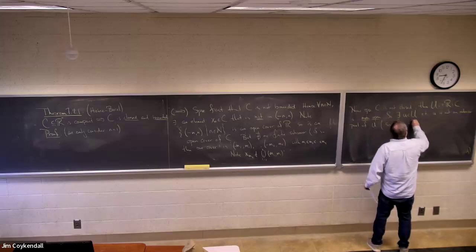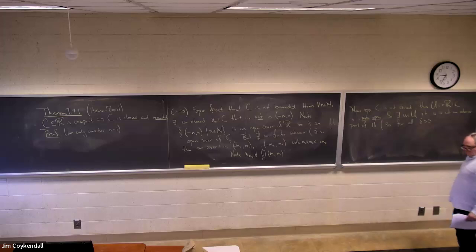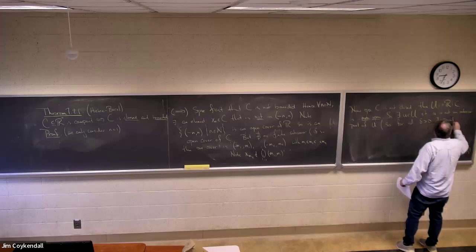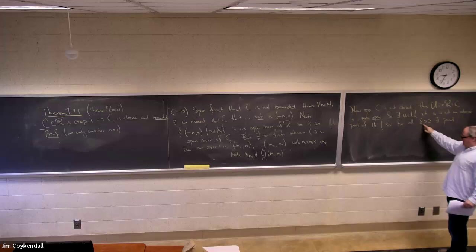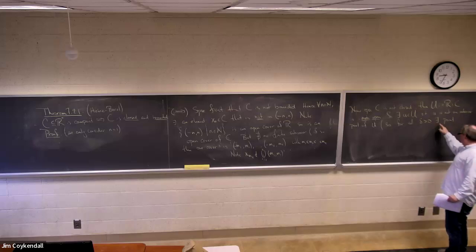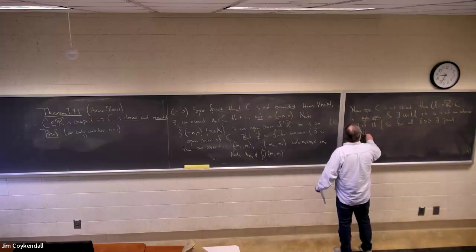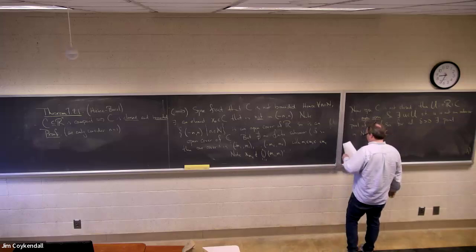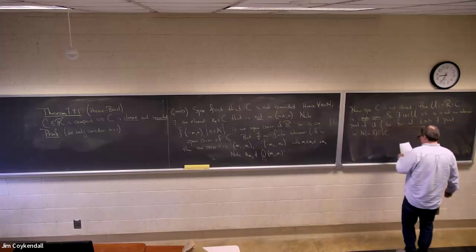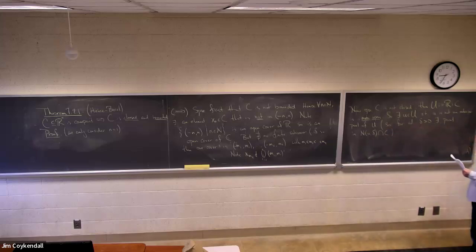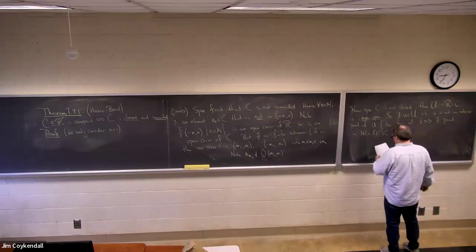So for all delta bigger than 0, any neighborhood of u contains some stuff that's not in U. So any neighborhood about this little point u has to contain stuff that's not in U. But if it's not in U, it's in C. So for all delta bigger than 0, there exists a point in this neighborhood and also C. So in other words, this intersection is not the empty set, right?